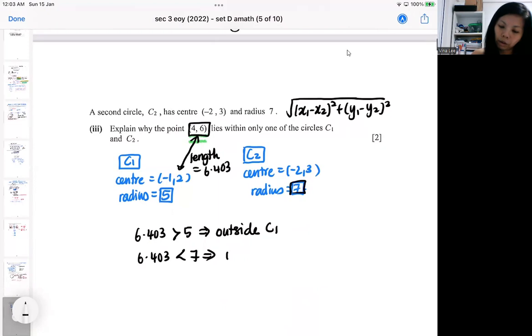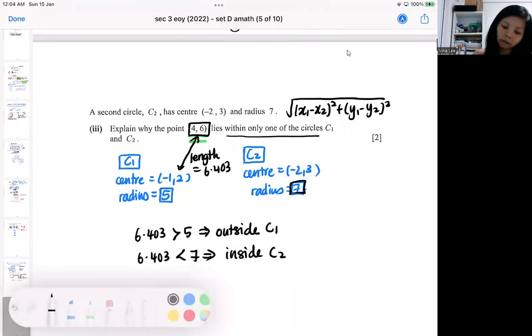That means it should be inside C2. So if I calculate right, my conclusion will fit this idea. It will lie inside one of the circles, and the other circle is actually outside.